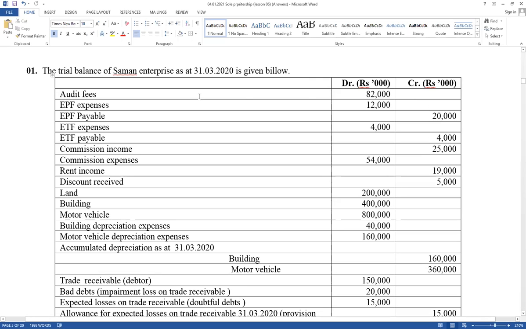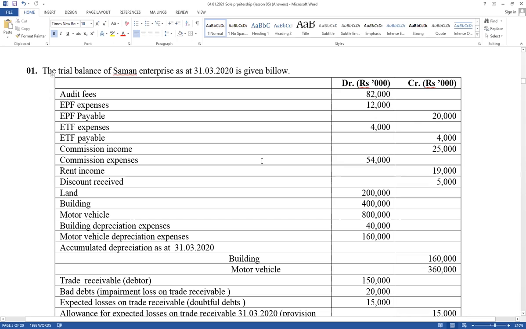Right, think about audit fee, it has been given. Audit fee is an expense. EPF expense, expense. EPF payable is a liability. And ETF expense, expense. ETF payable is a liability. Commission income, income.